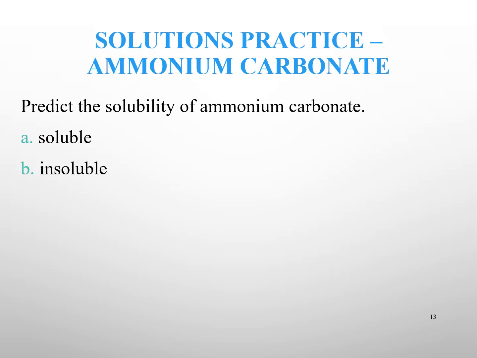Next question, ammonium carbonate. Ammonium is NH4, carbonate is CO3 2 minus, so ammonium carbonate would be NH4, and that's plus 1, and then CO3 2 minus. So you need 2 ammoniums to 1 carbonate, so your formula is actually going to be (NH4)2(CO3).